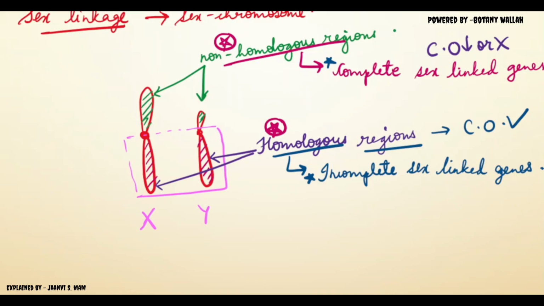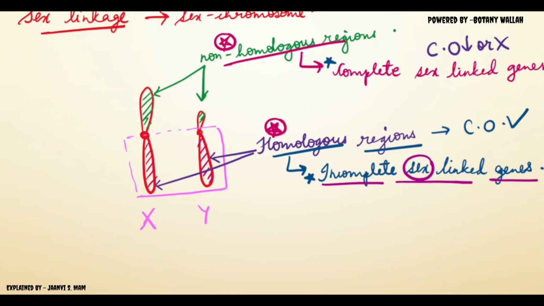If the two genes are very far from each other, we say incompletely sex linked genes present on the sex chromosome. These are on sex chromosomes, so we call them sex linked genes.